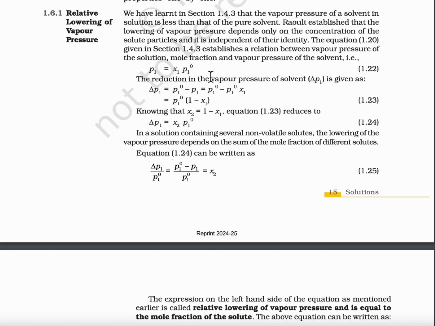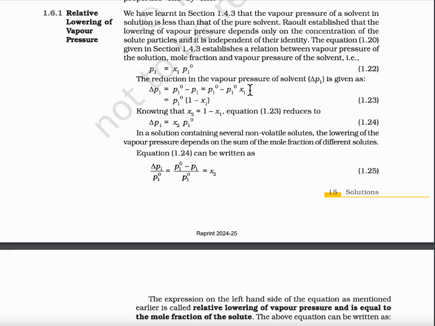So, we saw this relation between vapor pressure, mole fraction, and vapor pressure of the solvent as P1. That is your one, we will always take it to be the solvent, right? So, P1 is the vapor pressure of the solvent in the solution, which will be equal to Chi1, that is mole fraction, and P1 naught, that is vapor pressure of the solvent in its pure form.